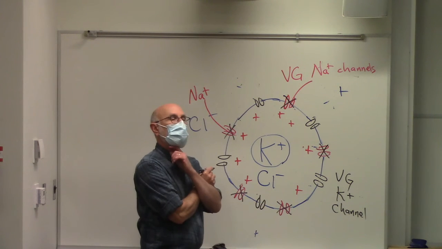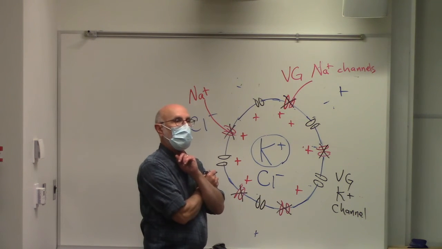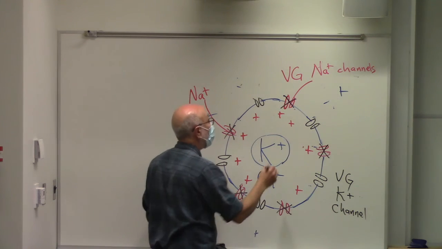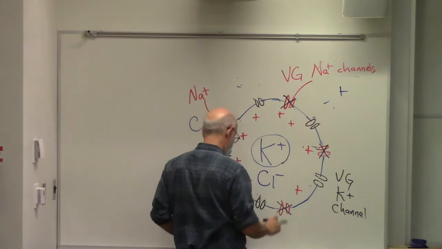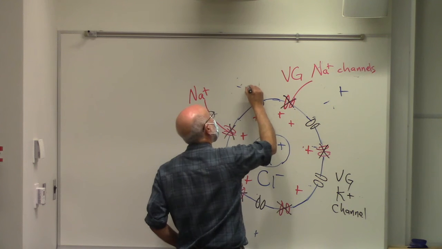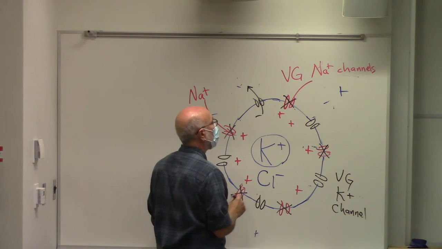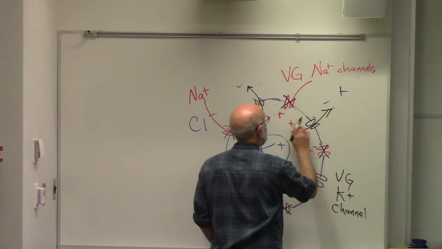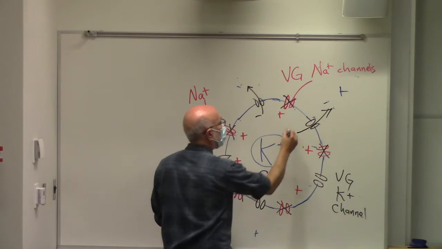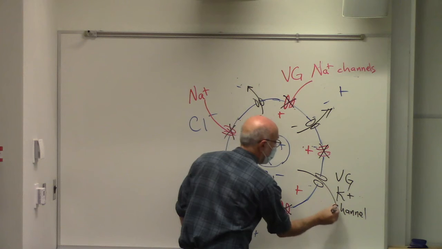Which way does potassium flow? Out, just like it always does. Potassium flows out, leaving behind a negative charge.